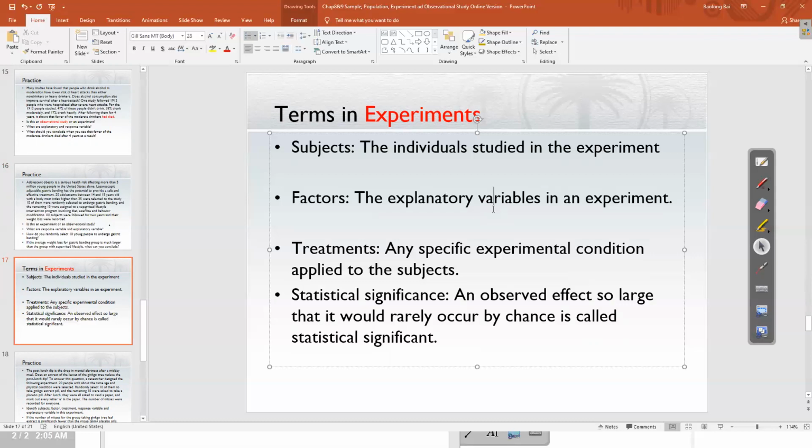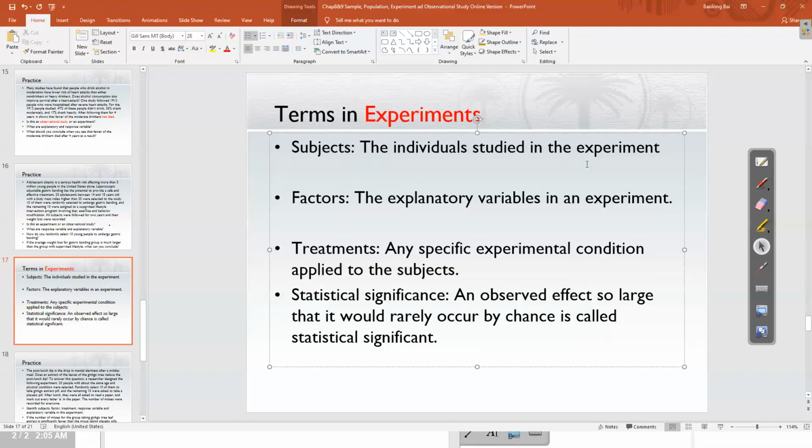Like smoking. Smoking will harm people, so you can't force people to smoke if they don't want to. So it has to be an observational study, right? So there are three terms: subjects, factors, and treatments. So please, just get familiar with the terms. It's pretty easy if you spend some time with it.